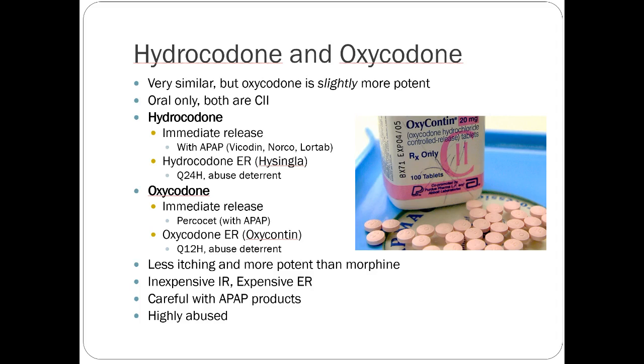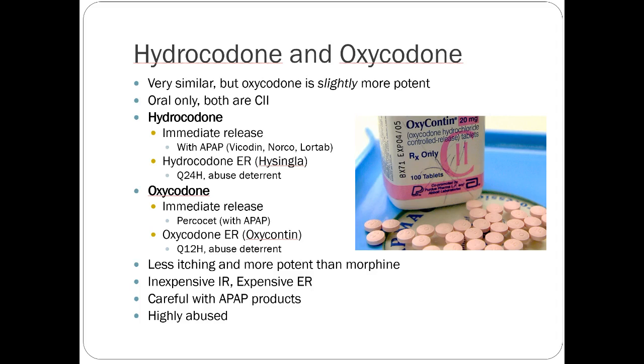Vicodin doesn't exist anymore. The reason is the different amounts of acetaminophen in them. So, for example, Vicodin had 5 milligrams of hydrocodone and 500 milligrams of acetaminophen, and Norco has 5 milligrams of hydrocodone and 325 of acetaminophen. So it's a little lower dose of acetaminophen.